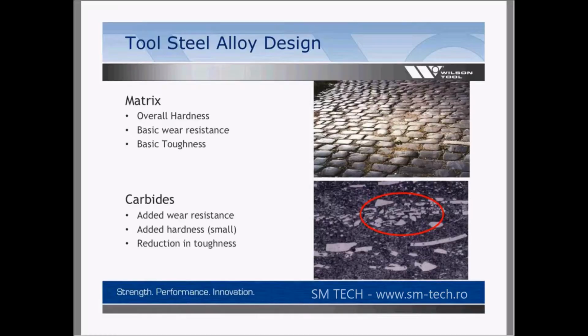It has a lot of chromium and cementite that provide the basic fundamentals for steel, such as hardness, basic wear resistance, and basic toughness, commonly found in your A2s and your D2s. As you add different carbides, they increase the wear resistance and add hardness, with a reduction in toughness. The size and volume of these carbides are also a limiting factor in what makes up the composition of the tool steel, so we'll get into that a little further along as well.